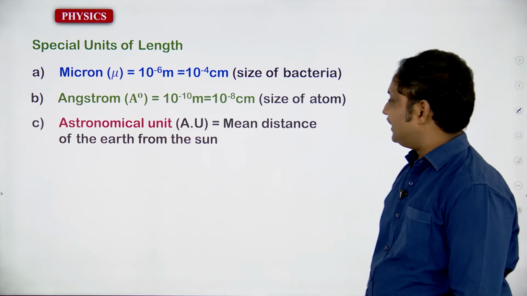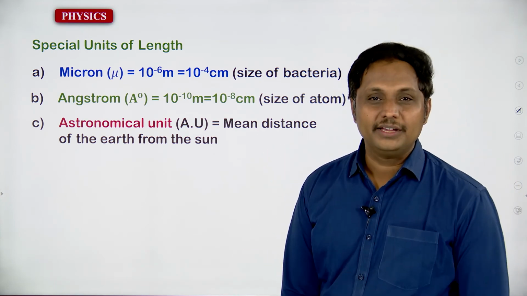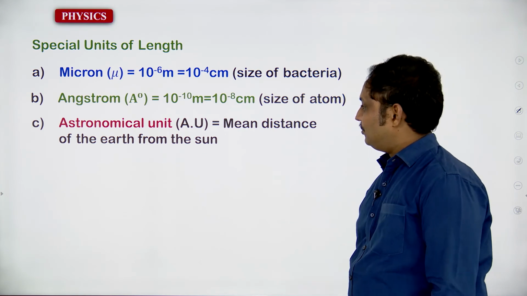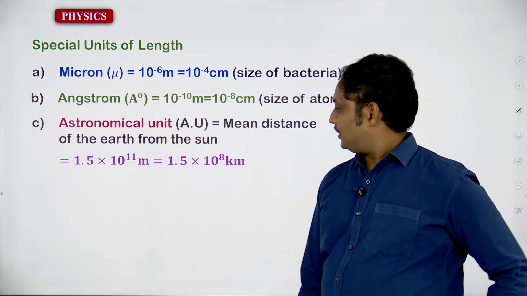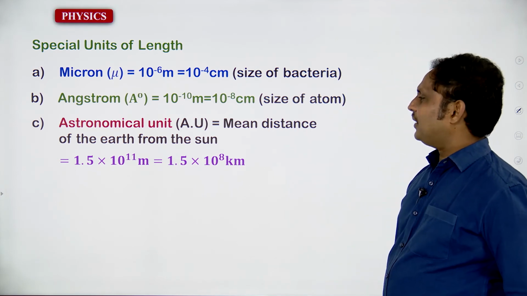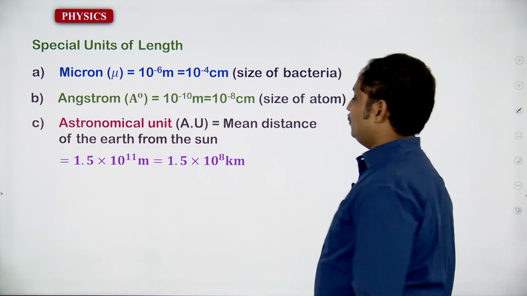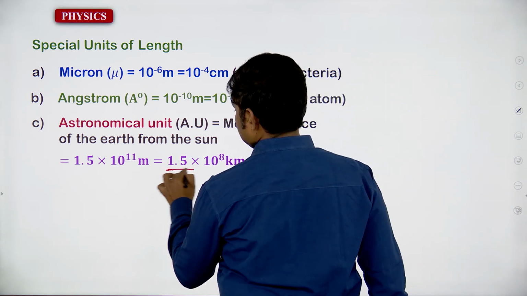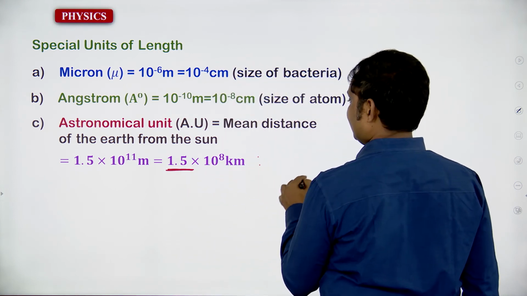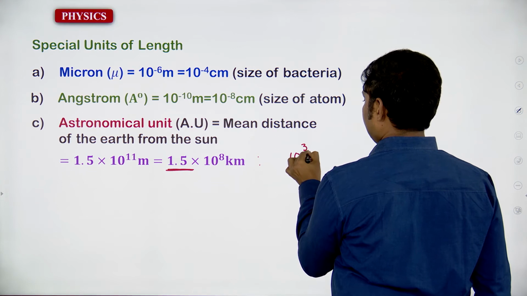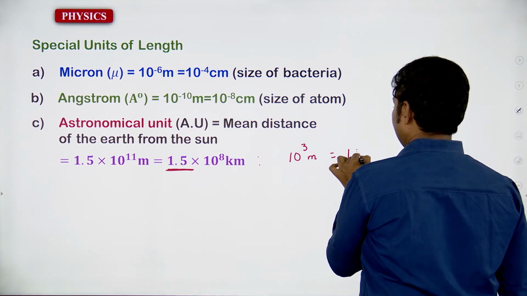Astronomical unit. It's very clear. The mean distance of the Earth from the Sun is identified. So let's look into that. That is absolutely 1.5 into 10 to the power of 11 meter. Here you can confirm that 10 to the power of 3 meter is 1 kilometer.